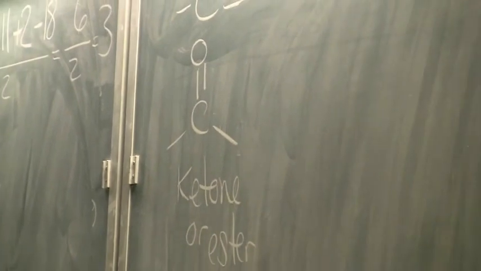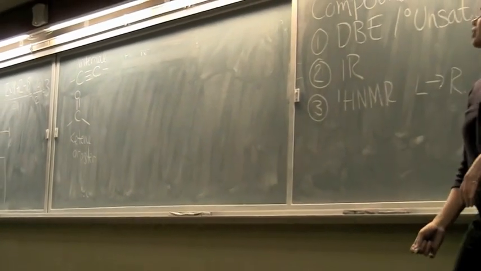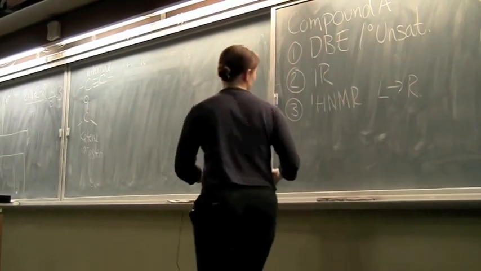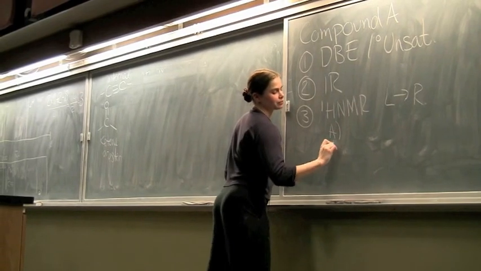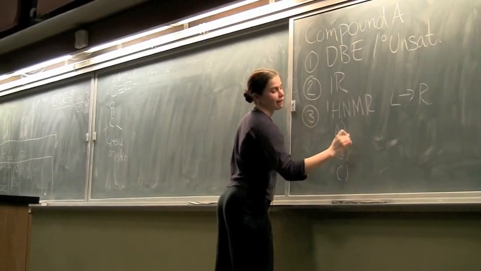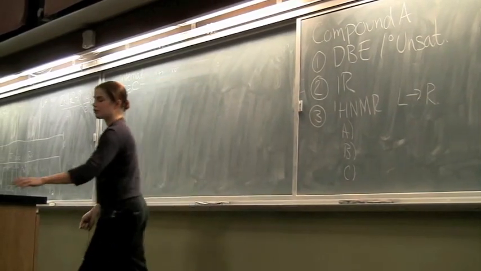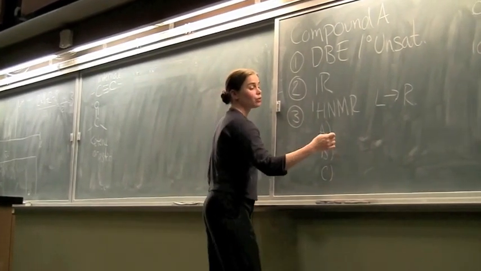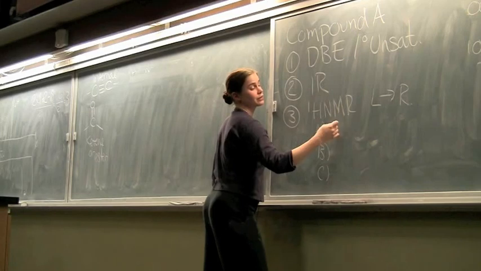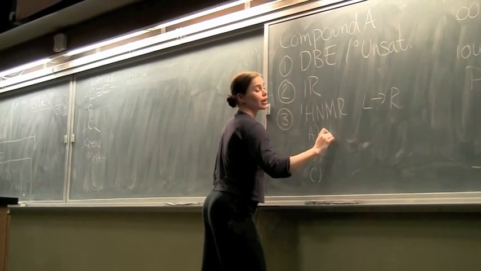You can do other approaches, but again, be really sure you're organized, do each peak exactly once. What we're looking for here is 3 different pieces of information. Firstly, chemical shift.